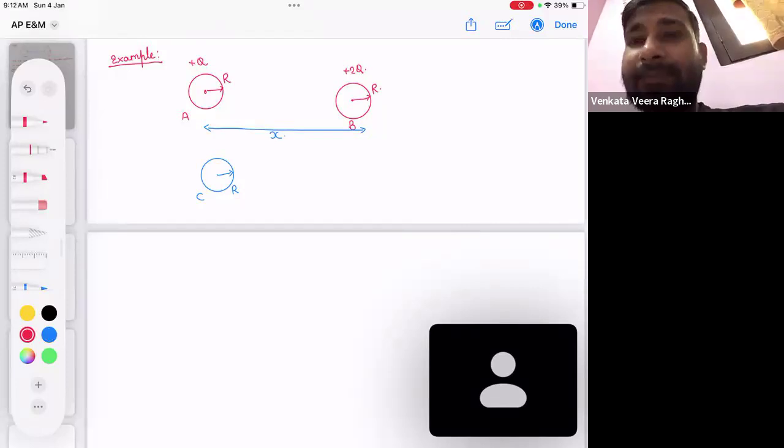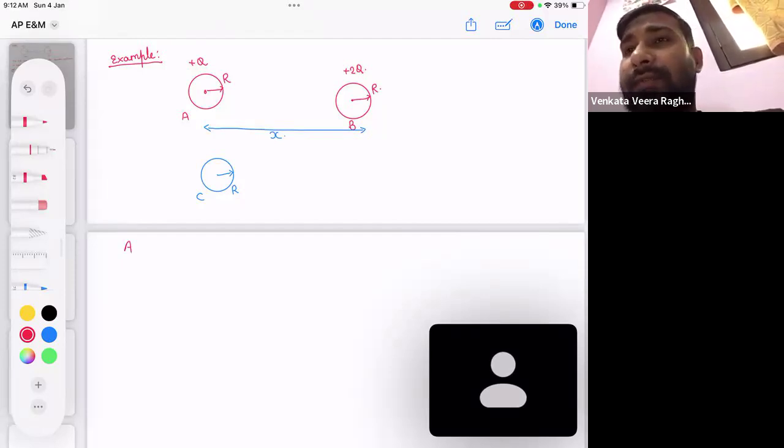Understood the question? The question says two spheres A and B of equal radius, with charges Q and 2Q, are kept some distance apart from each other.